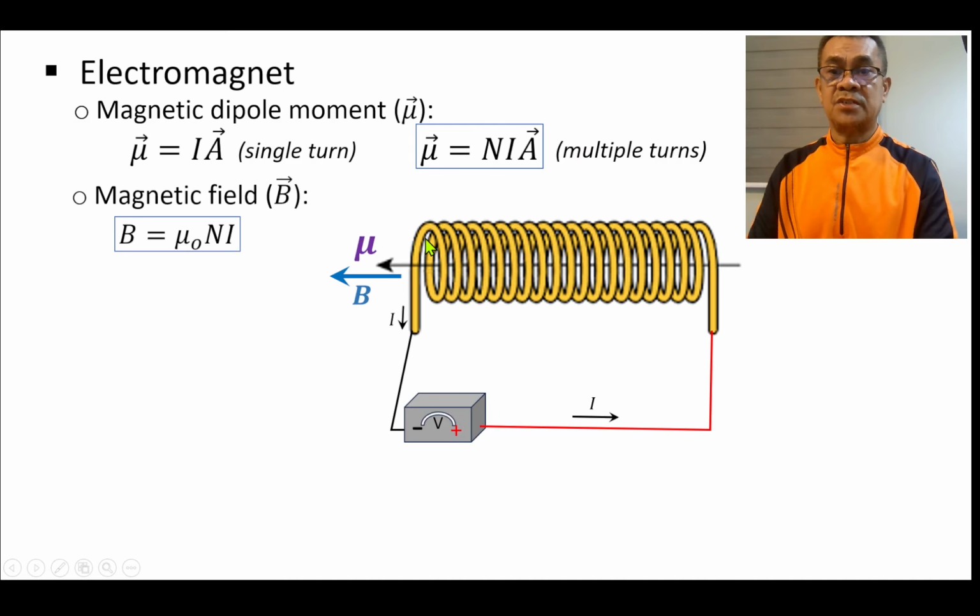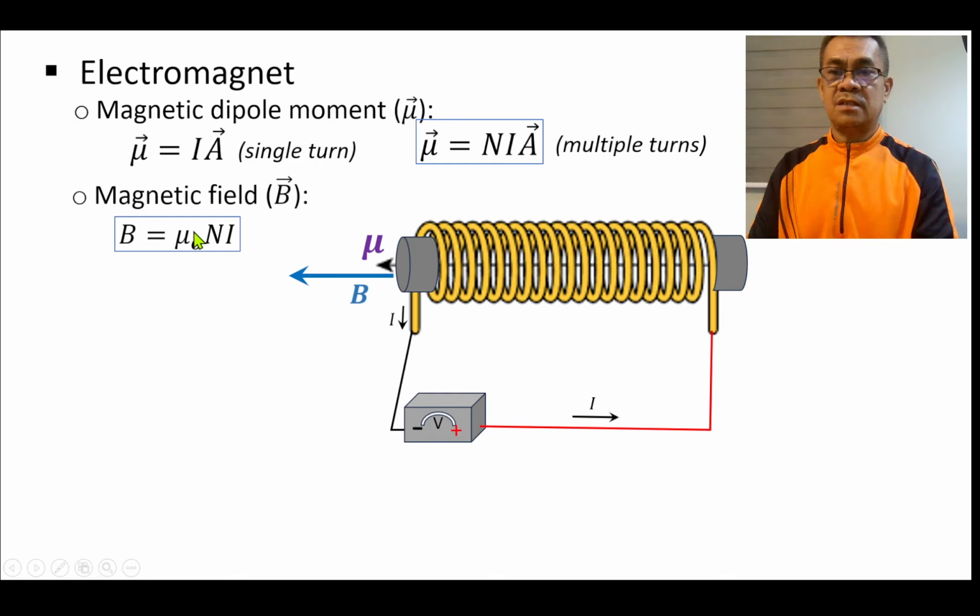And the magnetic field, in theory, of the electromagnet is B equals mu naught, the permeability of empty space, times N times I. So this is the number of turns times I, and this is the magnetic field. But take note that the number of turns and I is actually a factor of mu, so it can be calculated using this one, or you can use this mu.